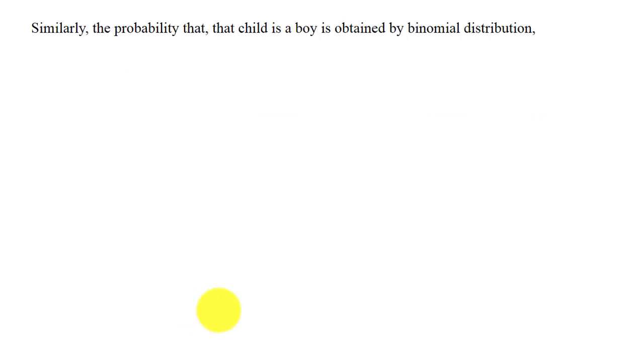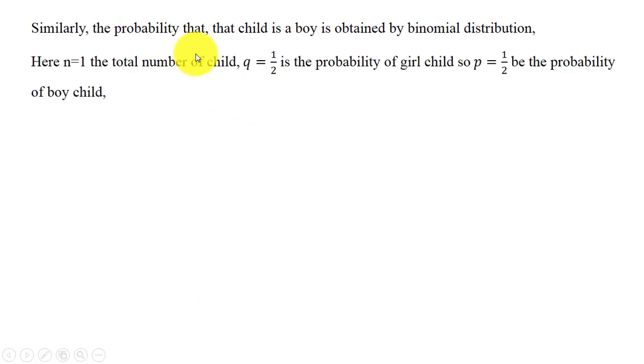Similarly, there is a possibility that that child is a boy, which is obtained by the binomial distribution. Here the number of children is 1, Q is the probability of getting a girl child and P is the probability of getting a boy child. So the probability of a boy, again obtained by the binomial distribution, is 1 by 2.